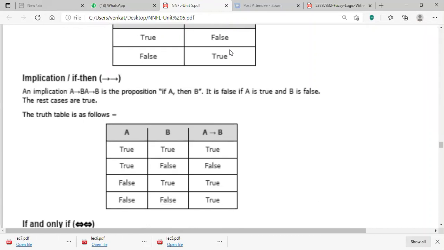So here you can observe in the implication, A is true, B is true, A implication B is also resulting in true value. If A is true, B is false, A implication B is false. So in the last case, if both A and B are false, then implication is true.